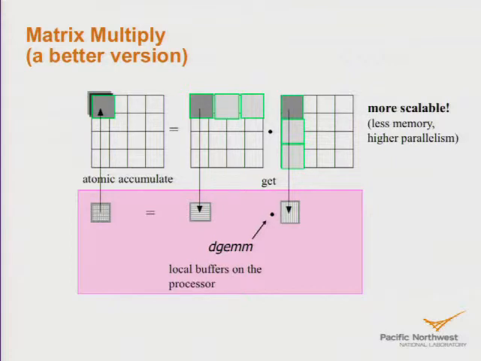And this is an atomic operation, which means that when one process is accumulating the data into a patch of global array, no other process can do it. They're all blocked from doing that. So what that guarantees is that whatever order things happen in, you'll get a consistent answer at the end, because you can't have two processes simultaneously trying to write to the same location.